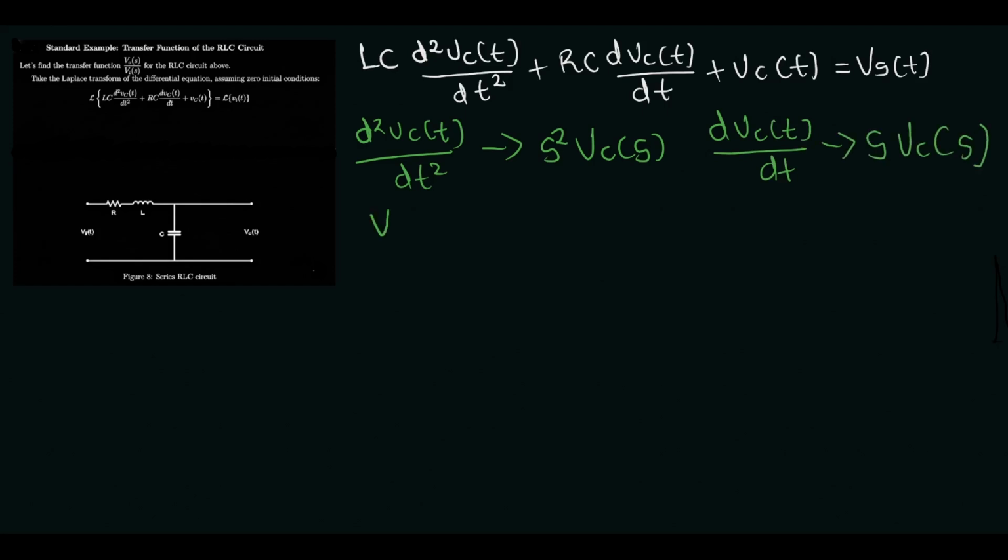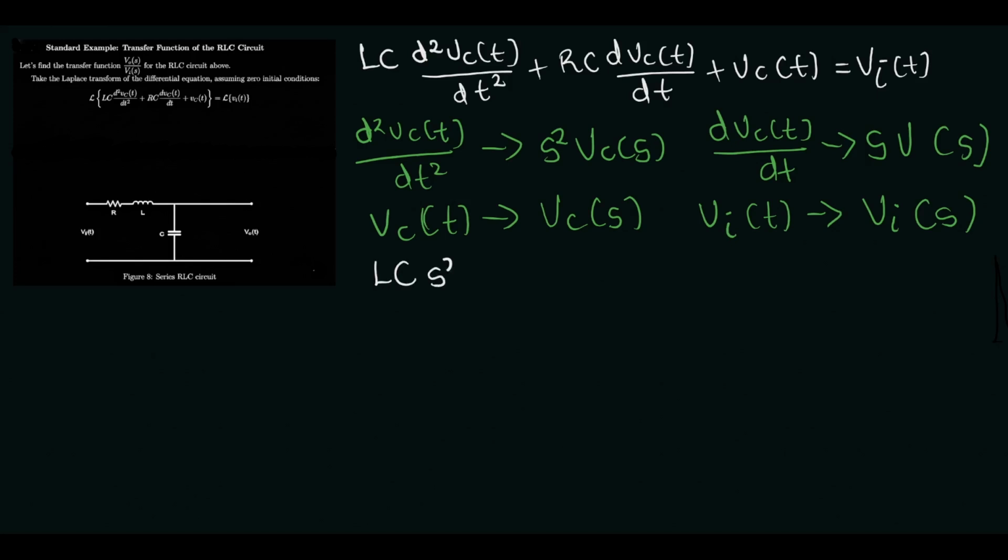And your Vc of t will give us Vc of s, and your Vs of t will give us Vs of s. So substituting this into the formula, we have LC s squared Vc of s plus your RC s Vc of s plus Vc of s equals Vi of s.